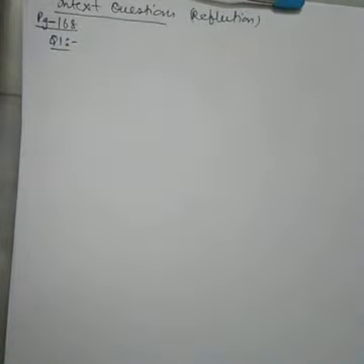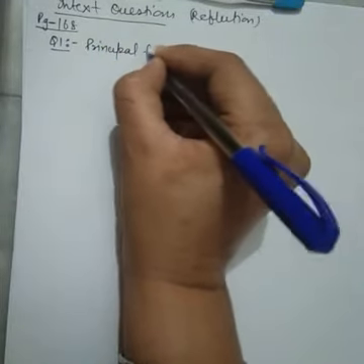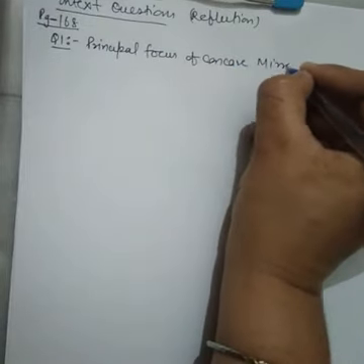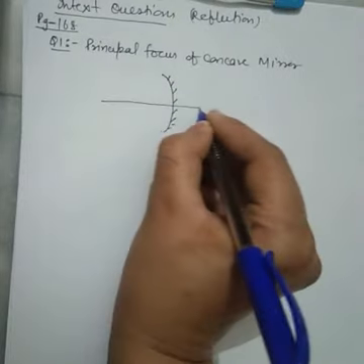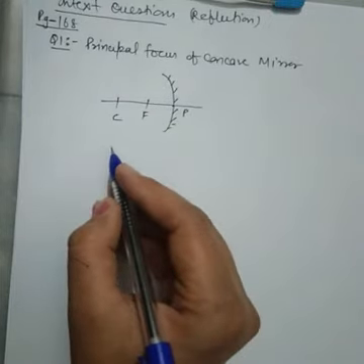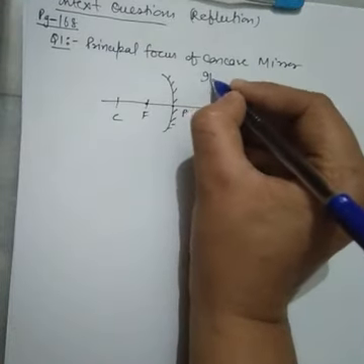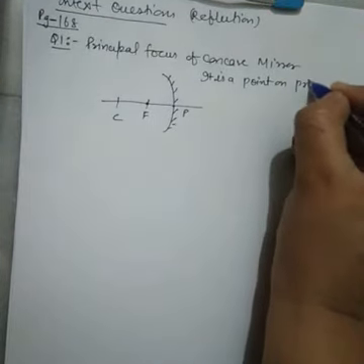First question is, define the term principal focus of a concave mirror. This one is a concave mirror. This one is the pole, focus, center of curvature. What is focus? It is a point on the principal axis.